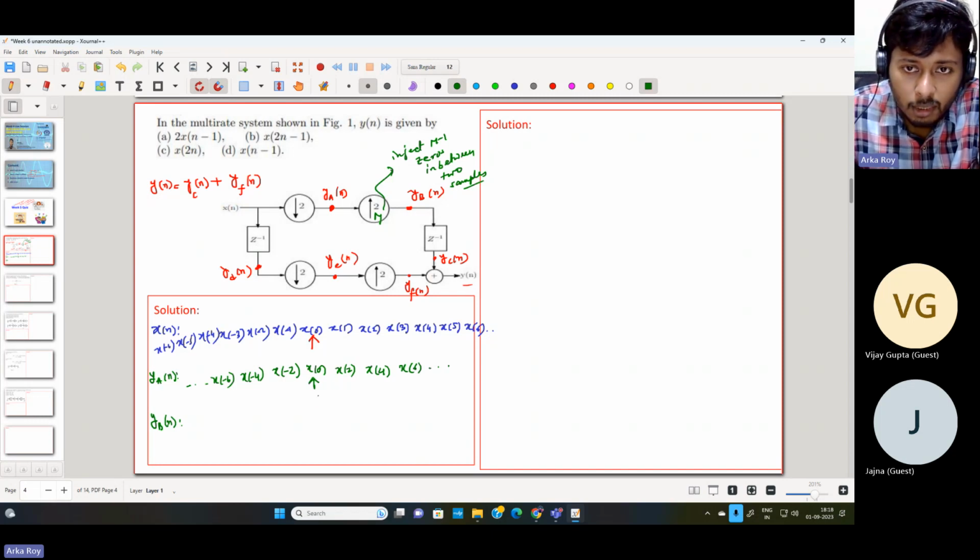So how the upsampler and downsampler work: it will start with x of 0, and this is the origin. And then there will be m minus 1 zeros. So m is basically 2 over here, so it will inject a single 0.